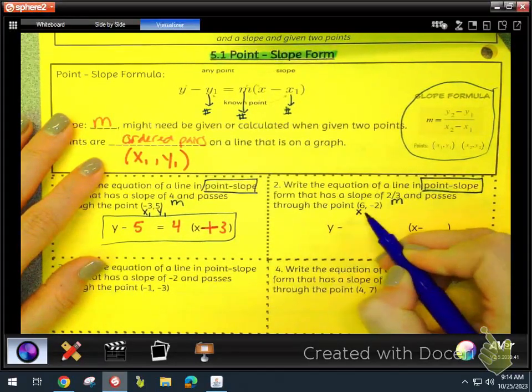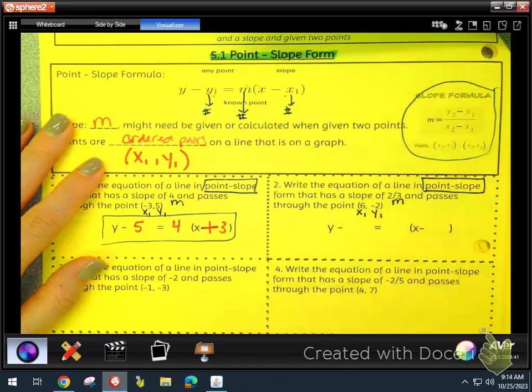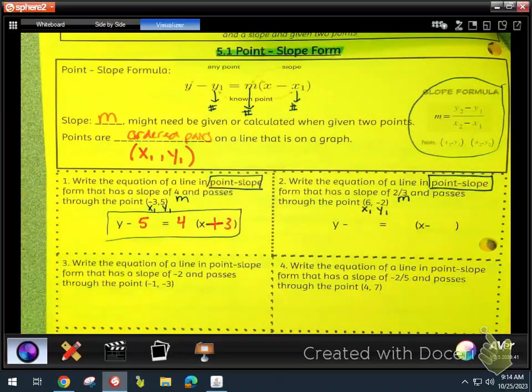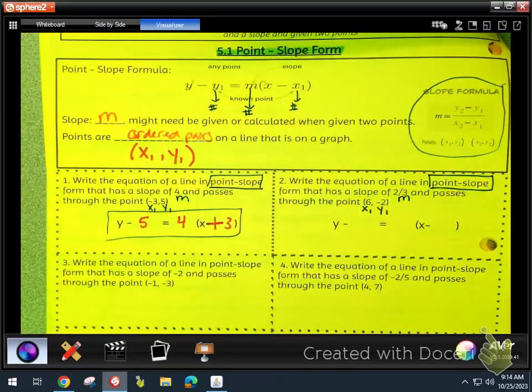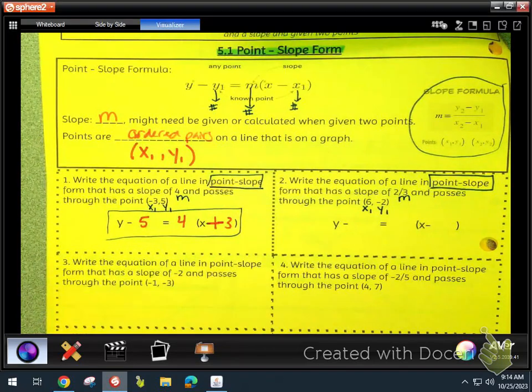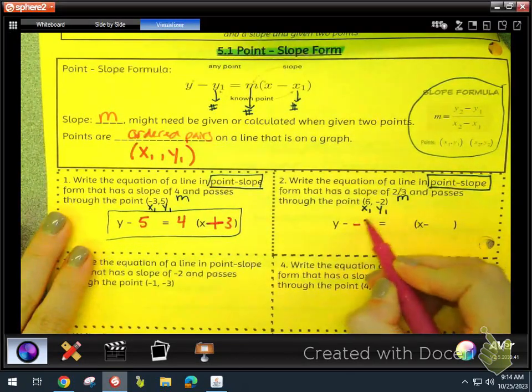For number 2 and the y, would that also be a plus? Is it a minus negative? Yeah, very good. So label your slope as M, label your point. Make sure you clean up minus negatives. Minus negatives, we want to clean up.